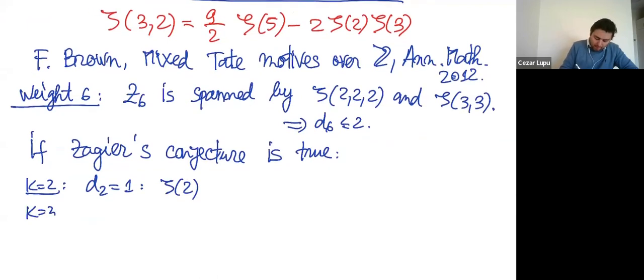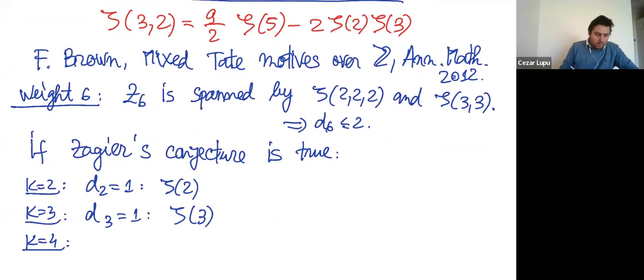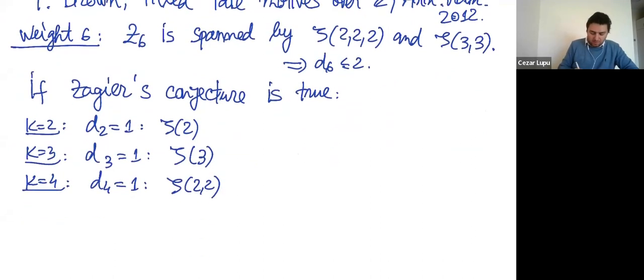In weight 3, D3 again equals 1, so we have only zeta of 3. In weight 4, D4 is again 1, so all of them can be expressed in terms of zeta of 2, 2.